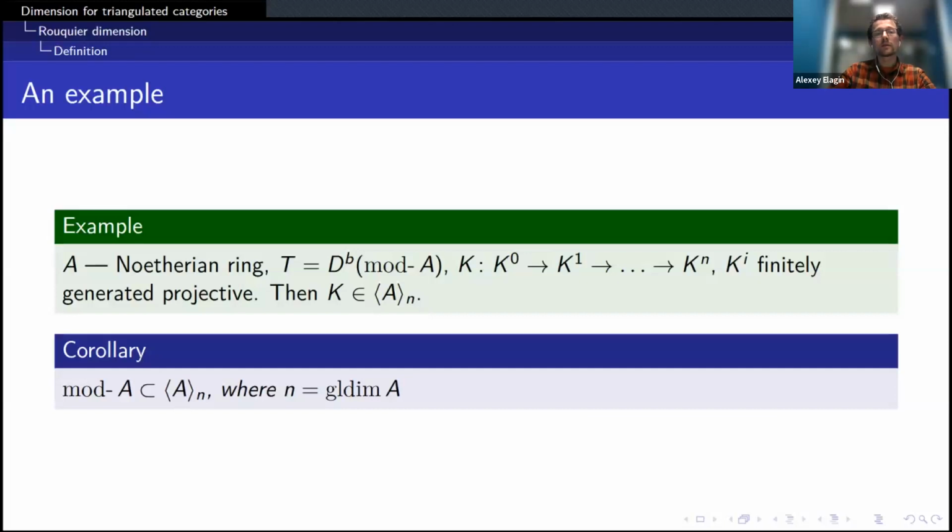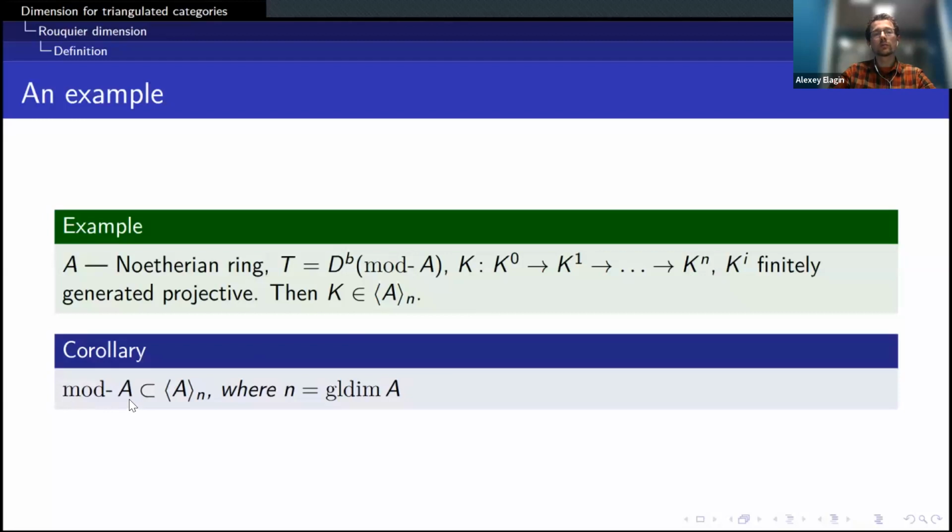And if we assume that our ring has finite global dimension, then any finitely generated module has a projective resolution of length n. So as an object of the derived category, it is isomorphic to such a complex.